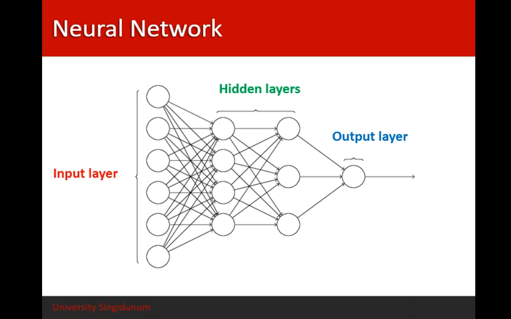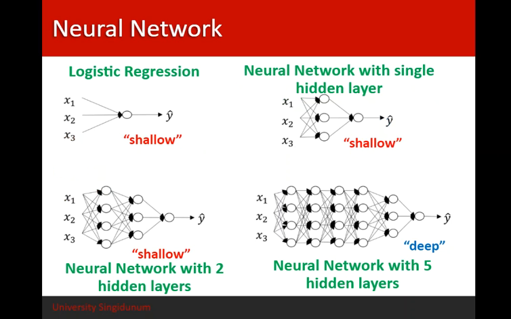These arrows between the nodes are the connection weights, and you have a bias in each node in the hidden layers. Then finally you have the last layer, the output layer. In binary classification you have only one node and the output is 0 or 1, so whether it is the given class or not.